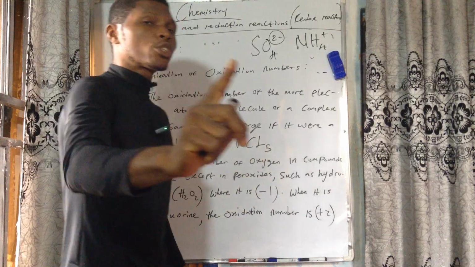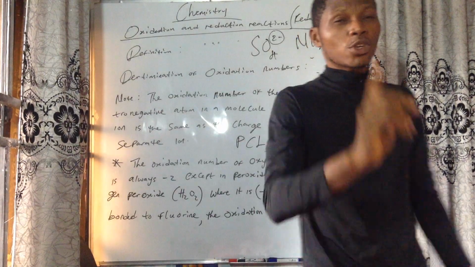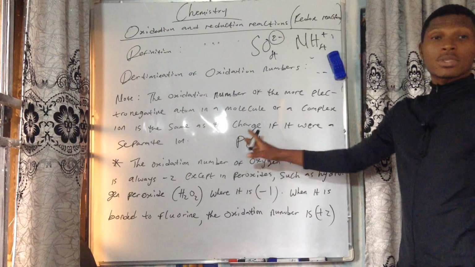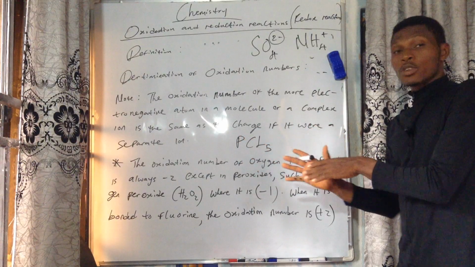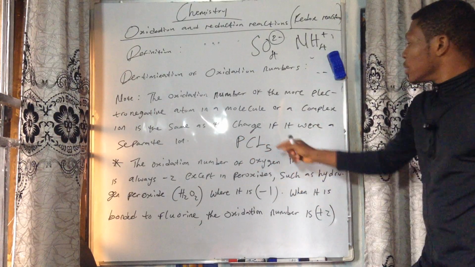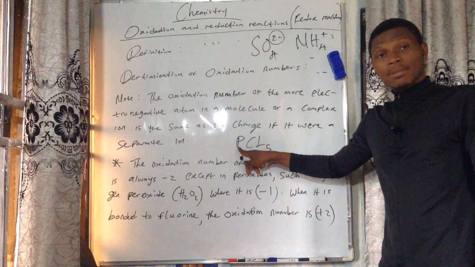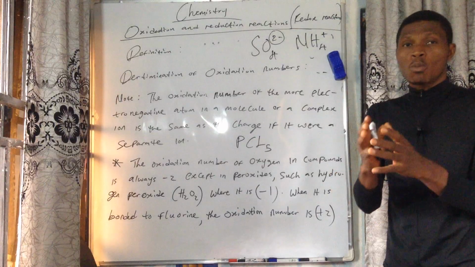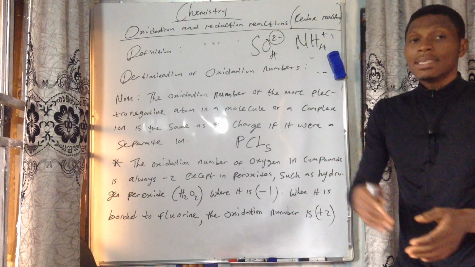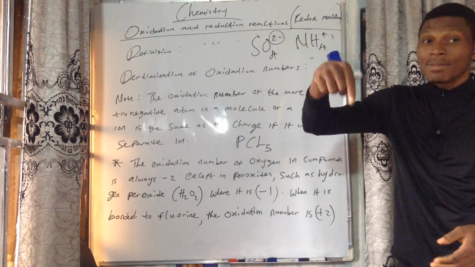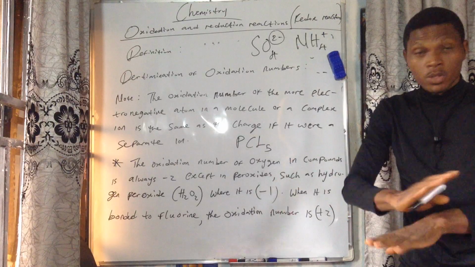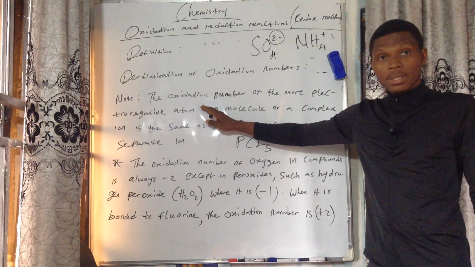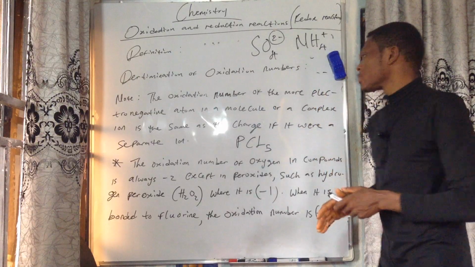So the oxidation number of chlorine remains constant, -1 in this case. The oxidation number of phosphorus changes. Whenever there is a more electronegative element, its oxidation number remains the same. It does not change. That's what this point is trying to tell you.